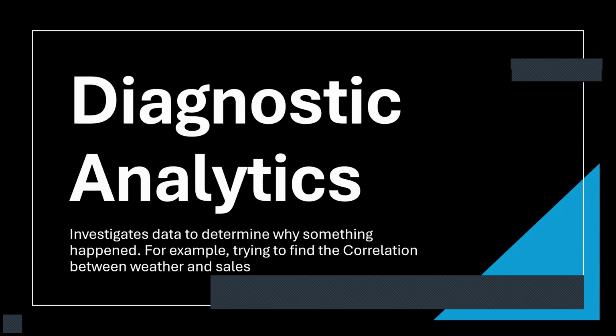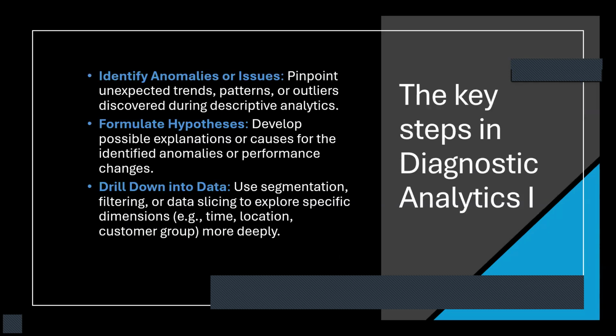A lot of times the cause or what happened is not immediately evident, but one thing you can tell is that there is a trail that can lead you to what happened. And that's what you do with diagnostic analytics.